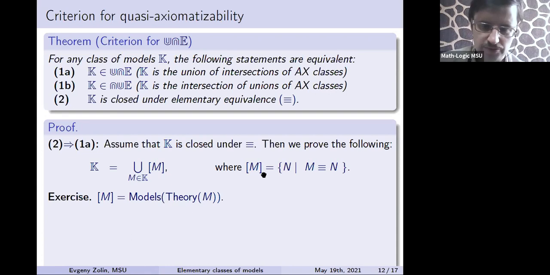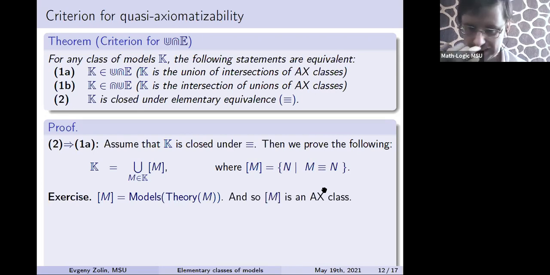Well, this is, of course, an immediate consequence of this definition, because we take M and consider all models on which exactly the same formulas of the theory of M are true. So, as a consequence of this exercise, this equivalence class is an axiomatizable class. So we only need to prove that this union is exactly K.